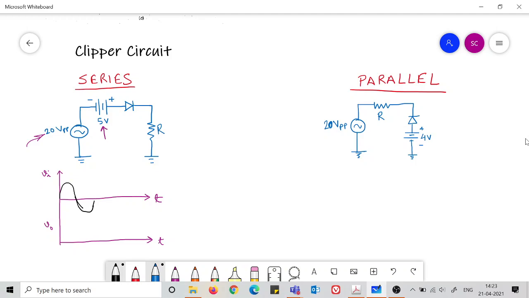So I am trying to draw the sinusoid to the best extent possible. So anyway, here it is 20, here it is minus 20, plus 20 minus 20. Okay. So we start the analysis from the zero of the sinusoid.